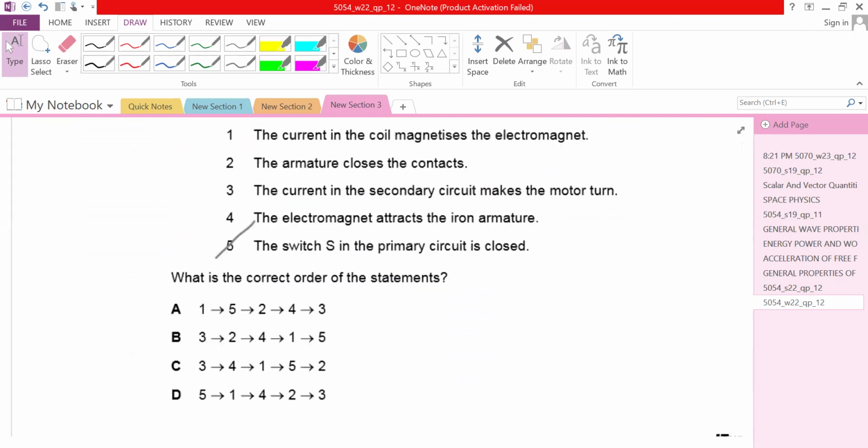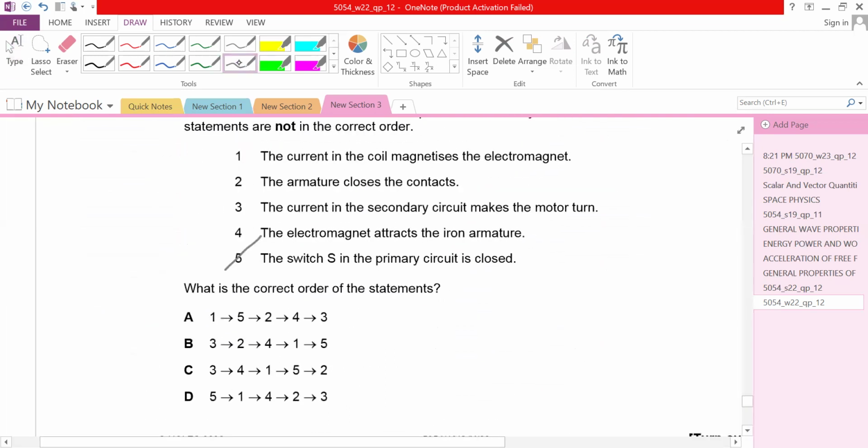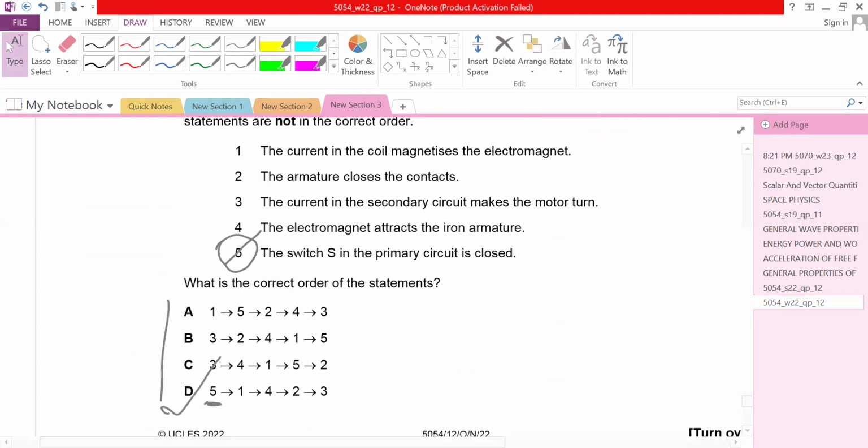Looking at the options, you can easily identify the first step is 5. Among the four options, the first step is in D. There is no need to look at the other steps because only one option starts from 5. So the correct option is D for question number 38.